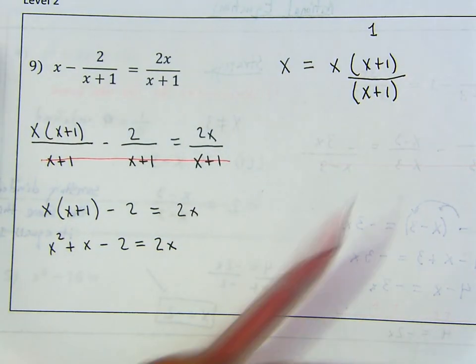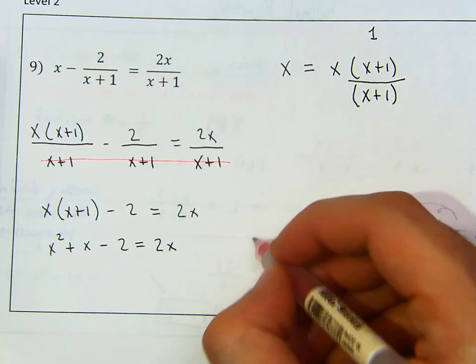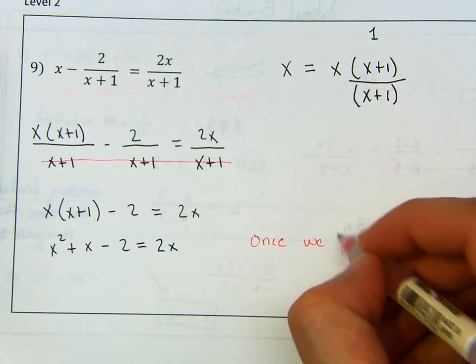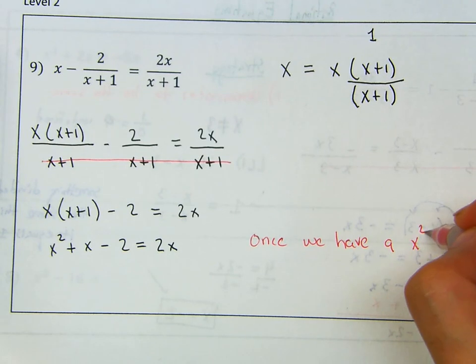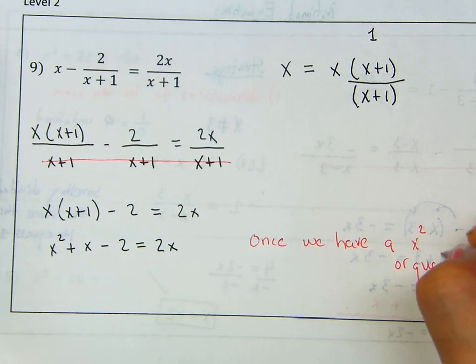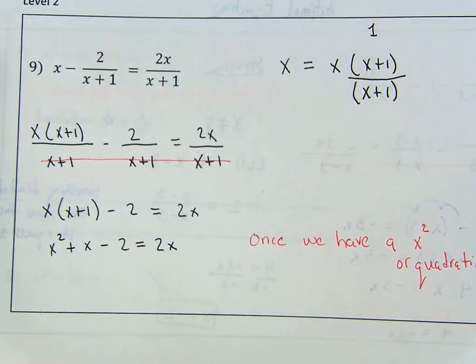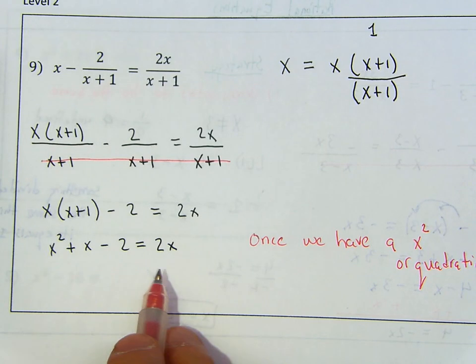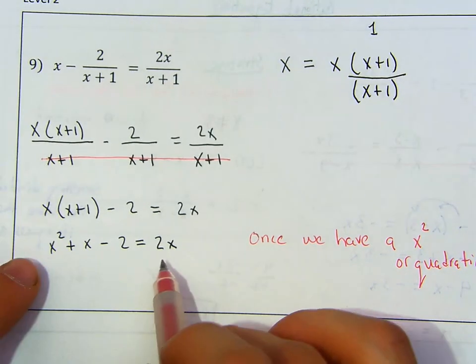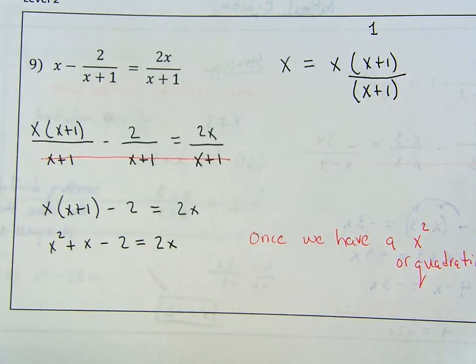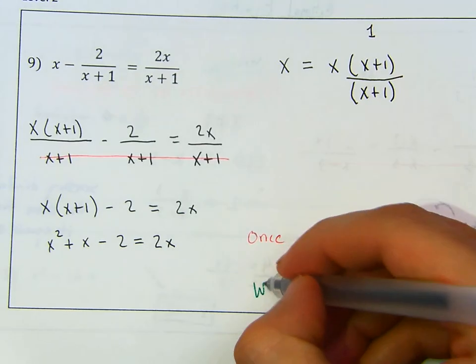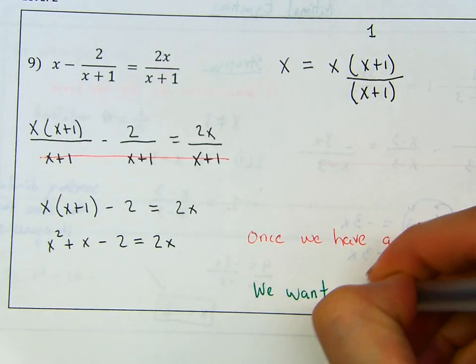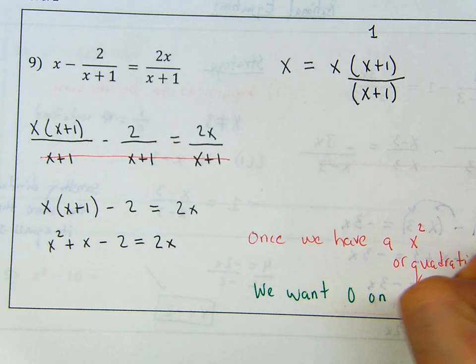Now the idea for this is, once we have an x squared or quadratic, how do we solve for x? And we've talked about this. How do you solve for x here? What I want you to do is pause the video and think about it. How do you solve for x? We want 0 on one side.